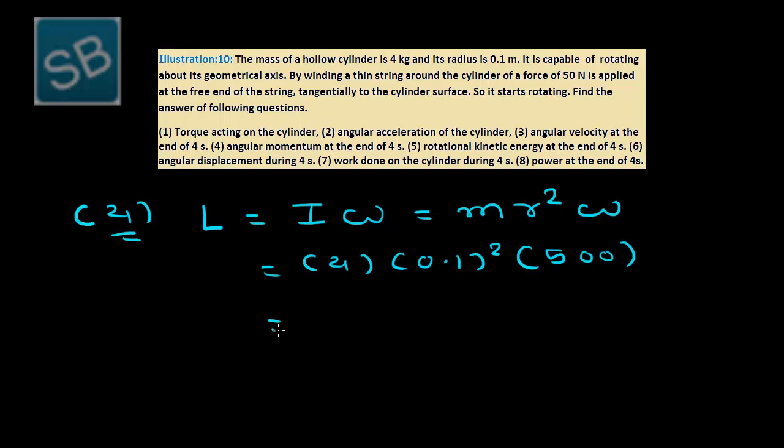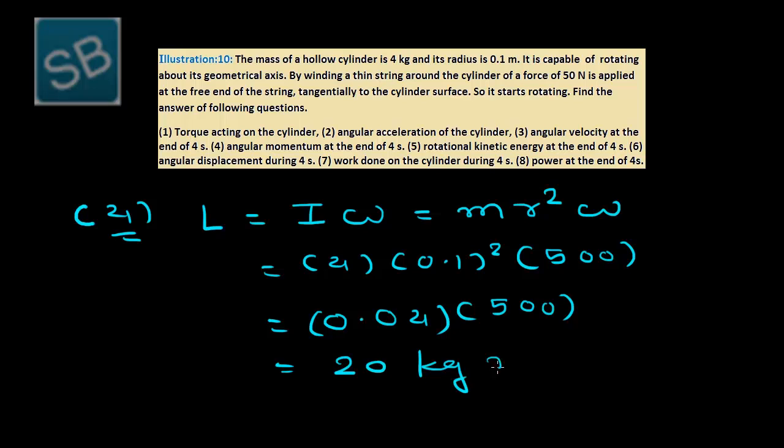If we simplify this, we will get 0.04 into 500, which is equal to 20, and the unit of angular momentum, which is the same as the unit of linear momentum, is kilogram meter square per second.